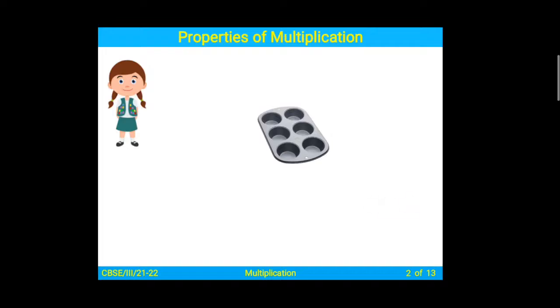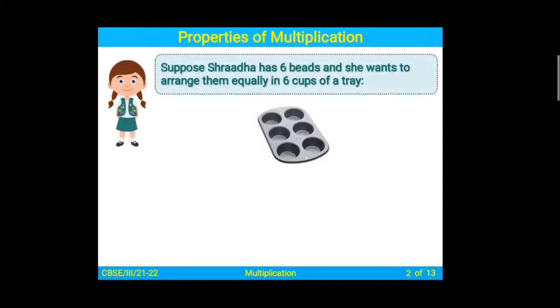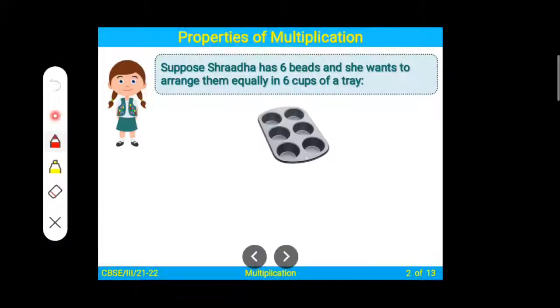First example, for the first property: suppose Shraddha has 6 beads and she wants to arrange them equally in 6 cups of a tray. You can see this is the tray of cups, and Shraddha has 6 beads that she wants to arrange in the cups.